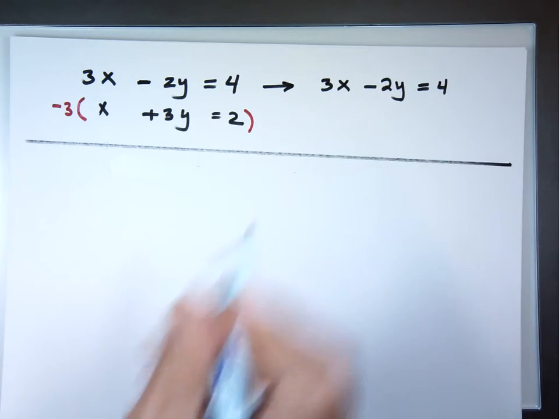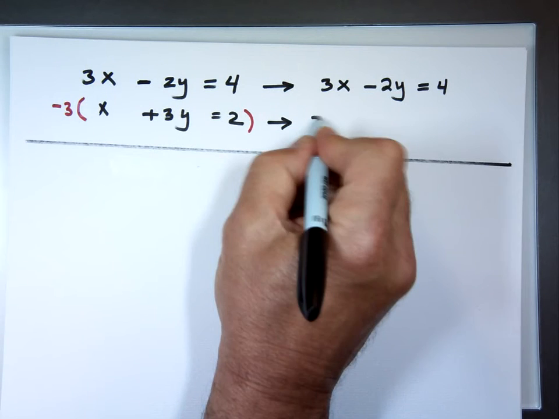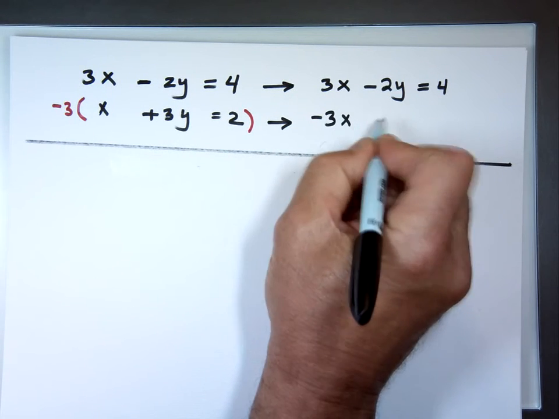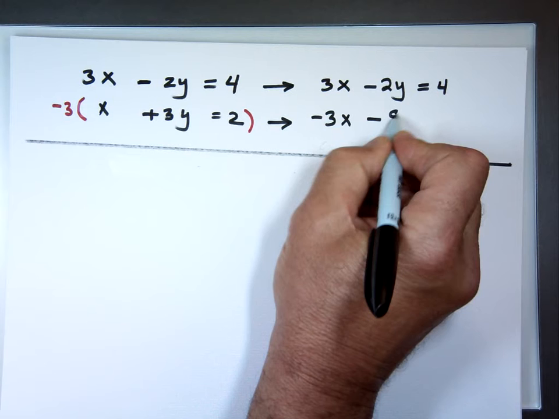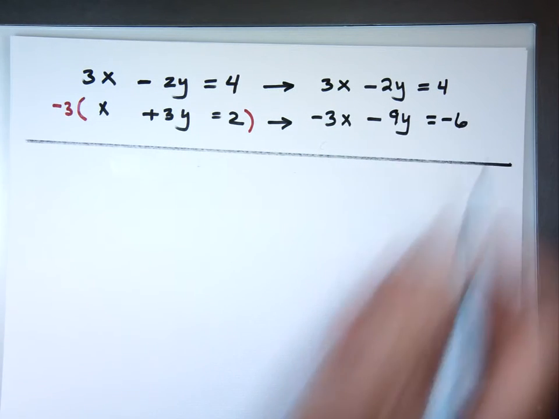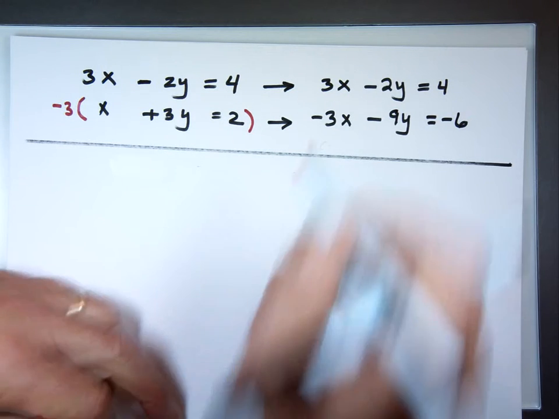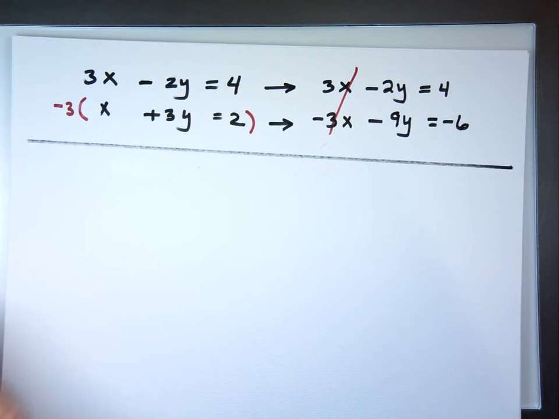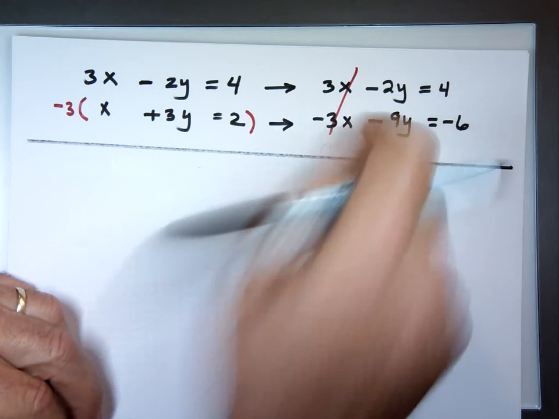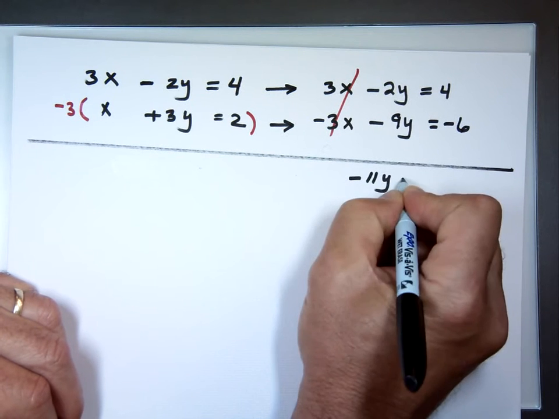And this will be what? Negative 3x minus 9y equals what? Negative 6. Now add them. Gone. Perfect. What's negative 2 minus 9? Negative 11y equals what?